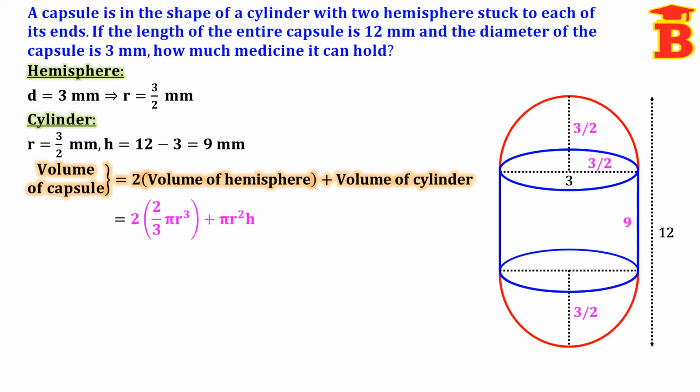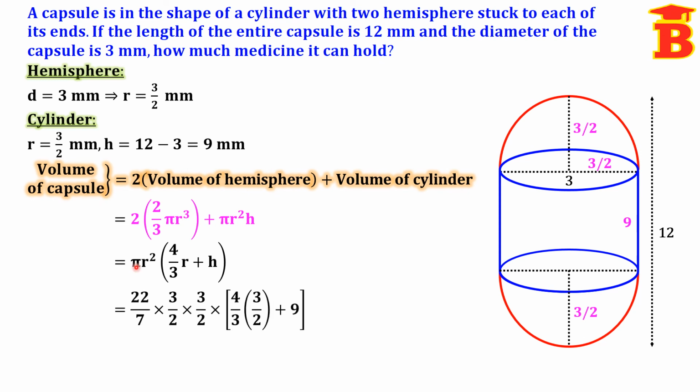Now take pi r squared common outside. So we get pi r squared into the bracket 4 by 3 r plus h. Now substituting the values, this is equal to pi value 22 by 7 into r squared, where r value is 3 by 2.